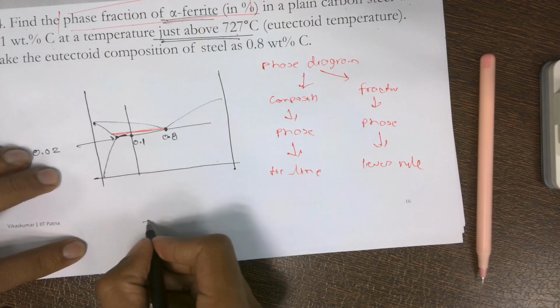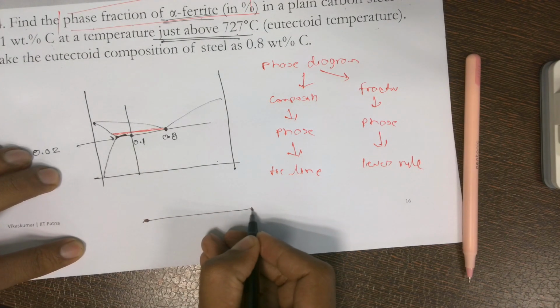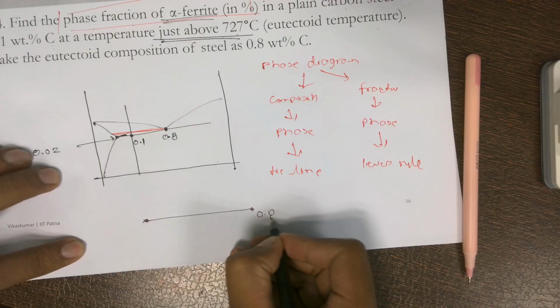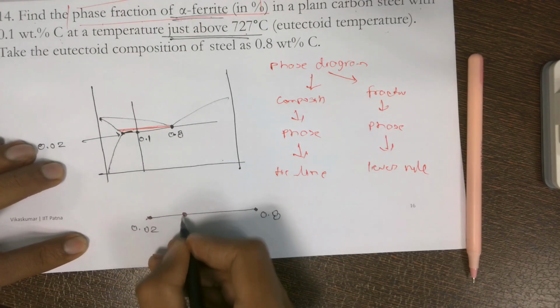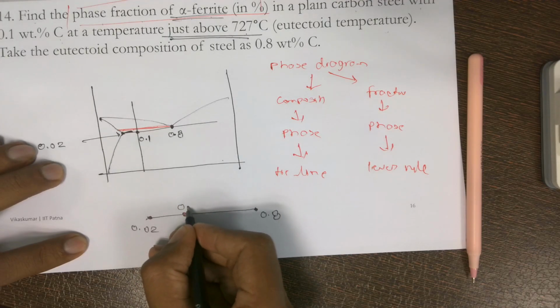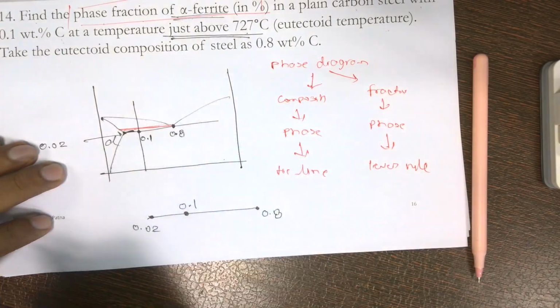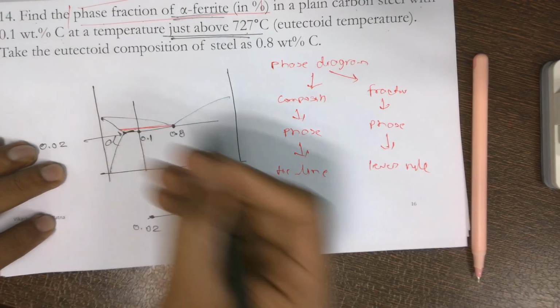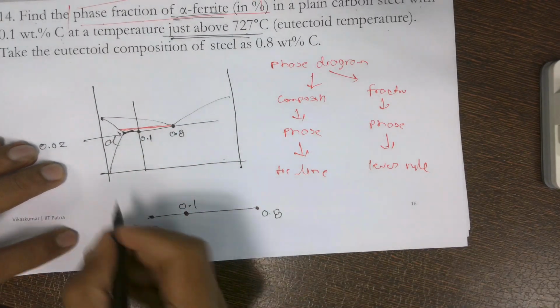So right now, our lever says that we are between 0.8 and 0.02. Our composition is 0.1. Here it's alpha and here it's the cementite phase. Okay, so this is alpha plus austenite. Now we have to find the ferrite phase, right?